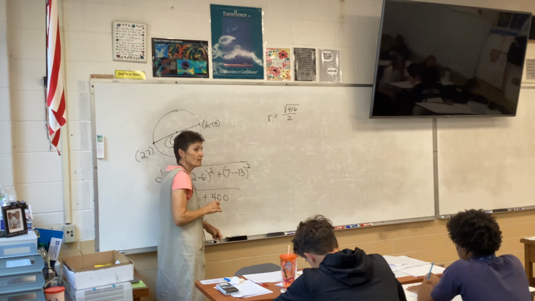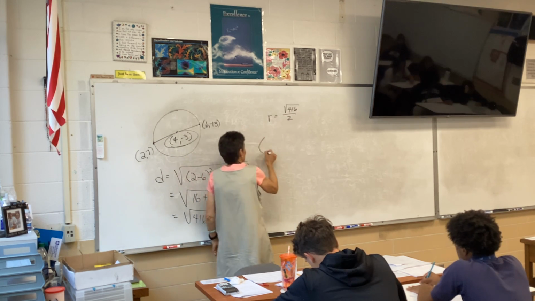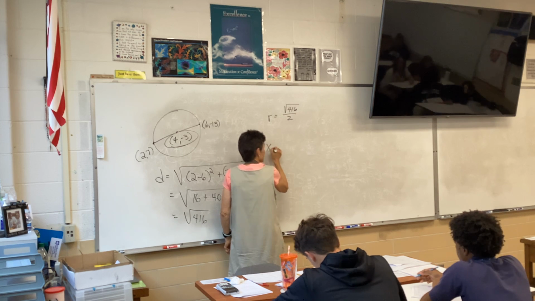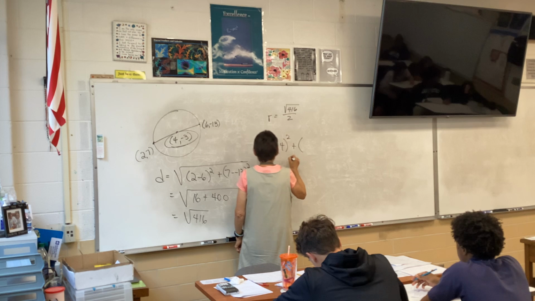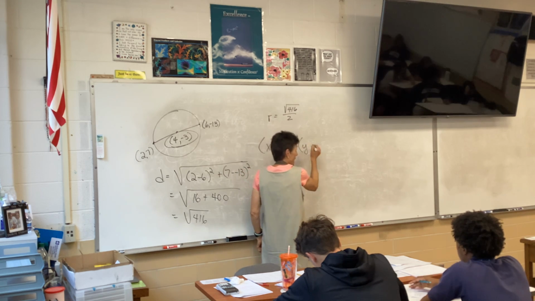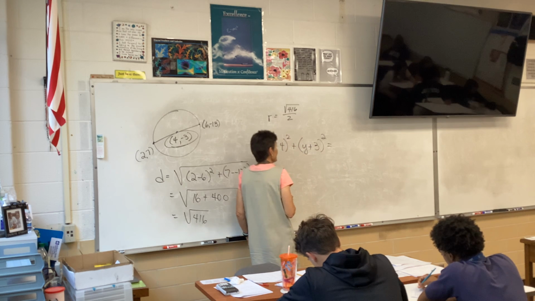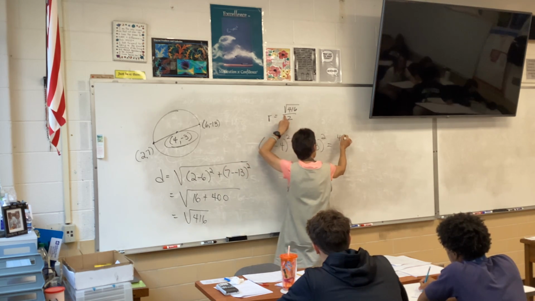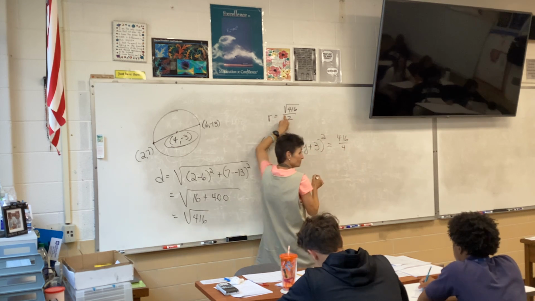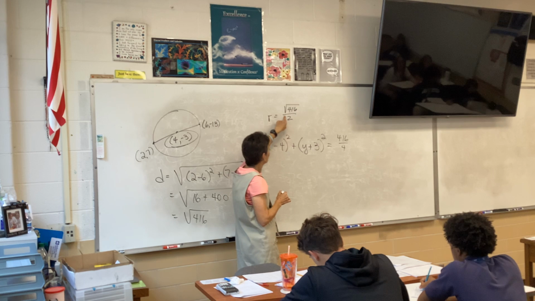So what will the equation of my circle look like? (x minus 4) squared plus (y plus 3) squared equals 416 over 4? Over 2. You square the bottom.